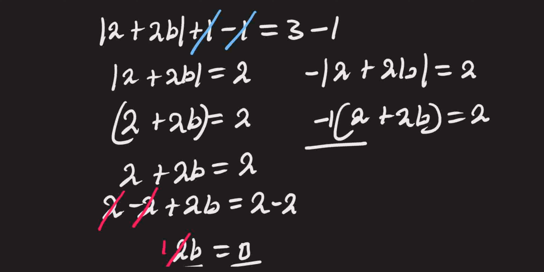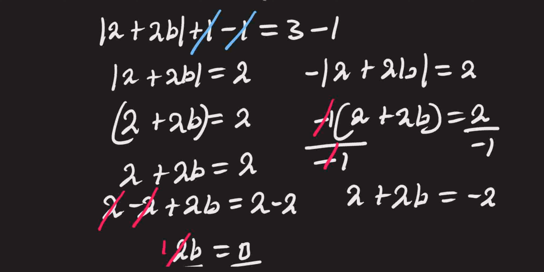We can divide both sides by negative 1. And negative 1 is going to cancel negative 1 from here. So now we have 2 plus 2b is equal to 2 divided by negative 1, which is negative 2.